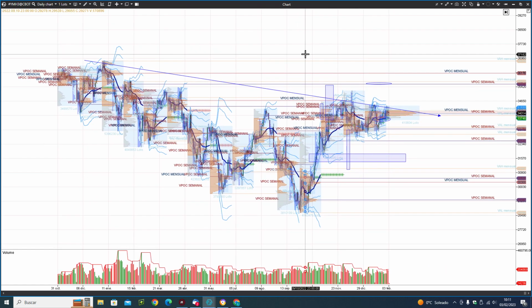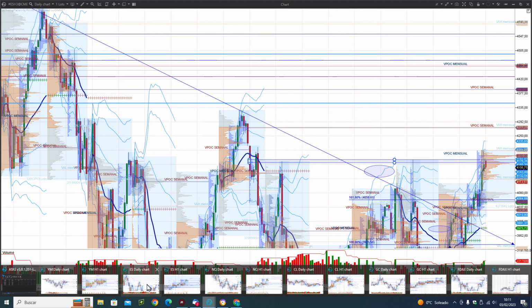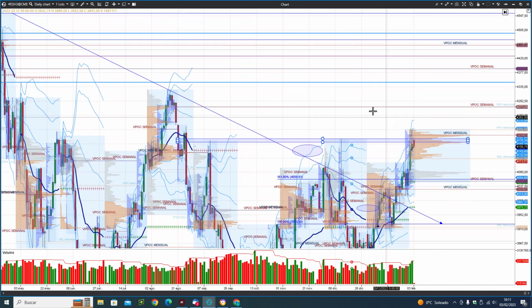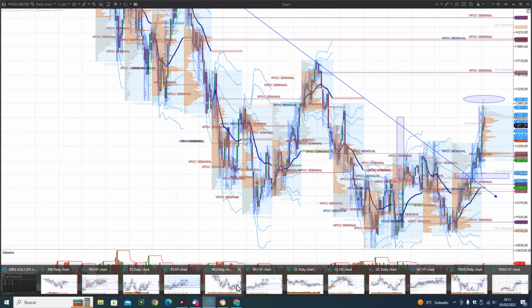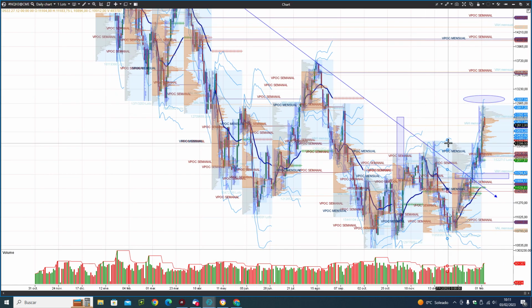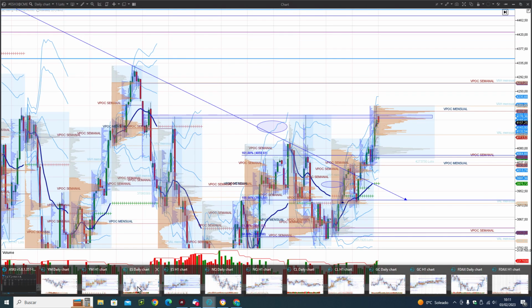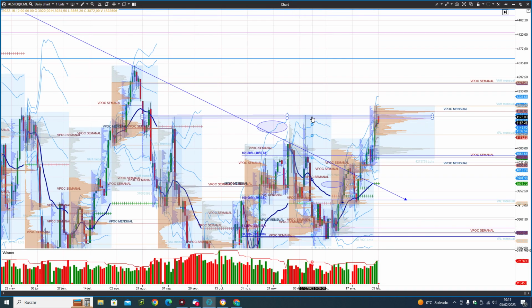Well, before all, we must say that if you see the graphic of Dow Jones and then you see the graphic of S&P and Nasdaq over a long time, we can see that in the case of Nasdaq and S&P, the price could break the max level of 2 months ago.